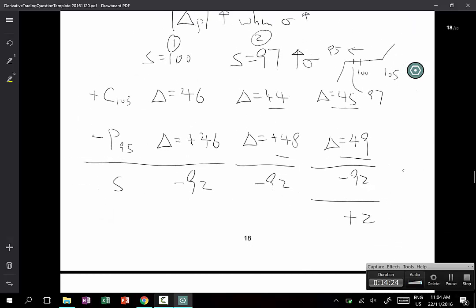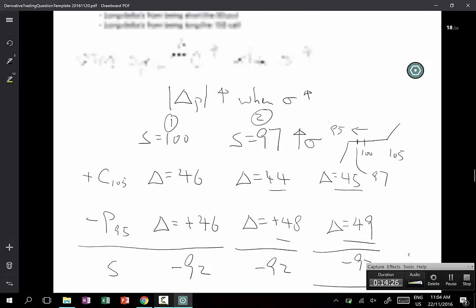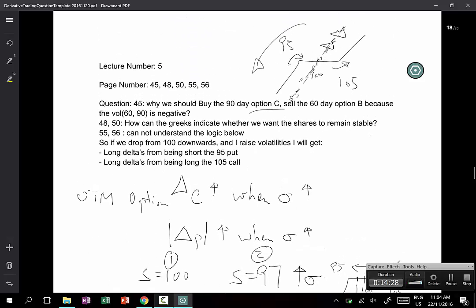Now there are two things to say here. The first thing is, when markets are dropping, when people are nervous and market conditions are not good, that's when option volatilities tend to go up. So if you have a structure like this, you can't really help it.